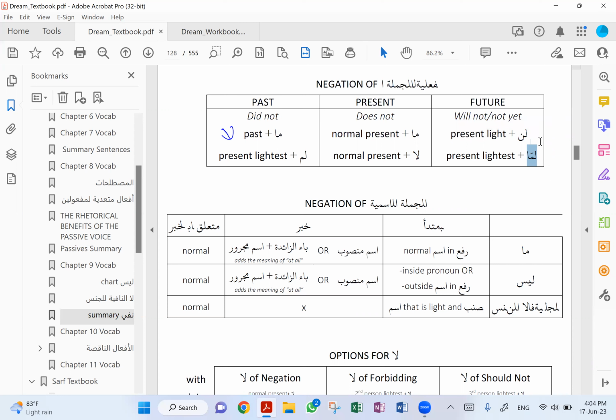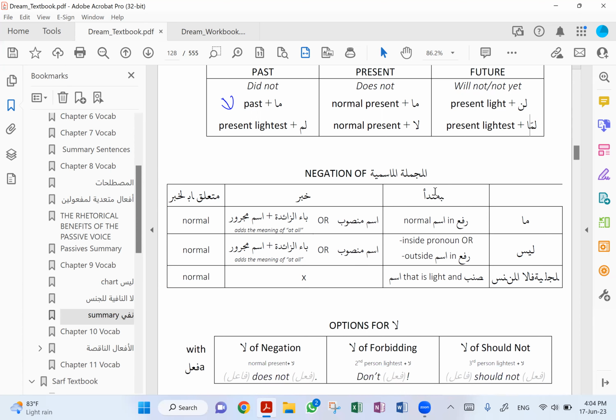Subhanallah. But alhamdulillah, we've come so far. Alhamdulillah for Ustad and for Dream, and the program is just amazing. What we have learned so far in just 2 years is truly amazing. So you have lamma plus madi means when. Lamma plus present lightest, mudari' majzoom, is going to mean not yet.